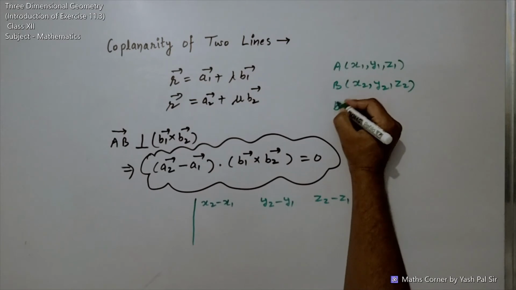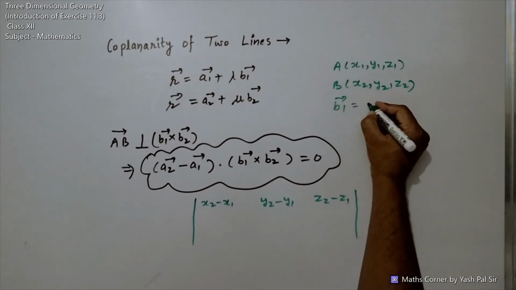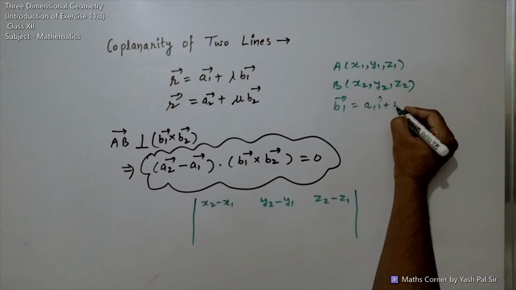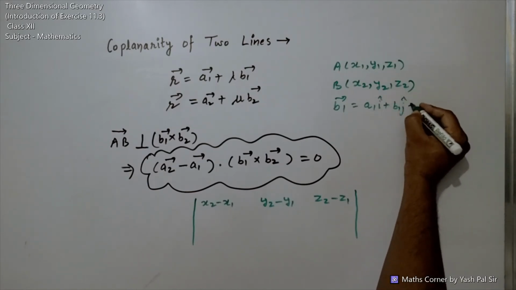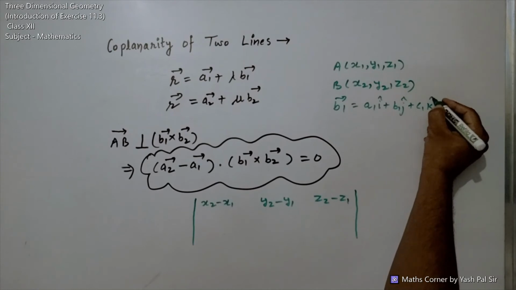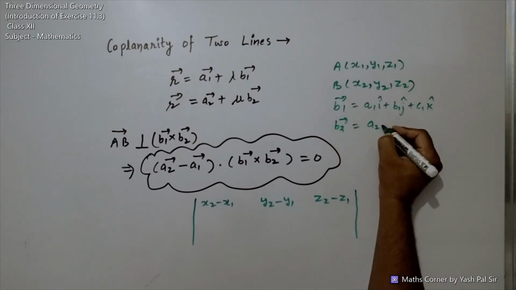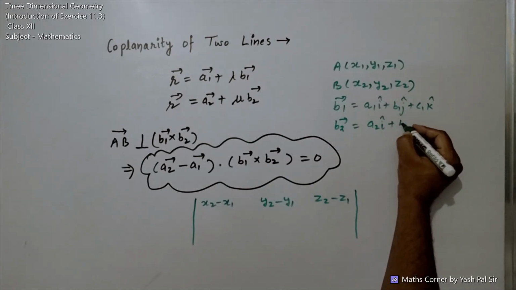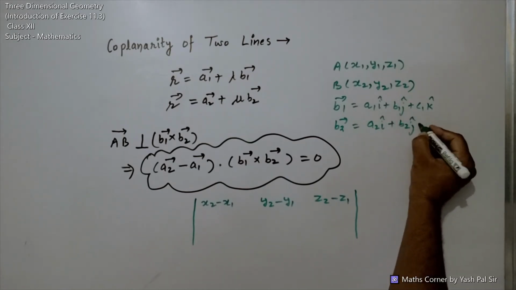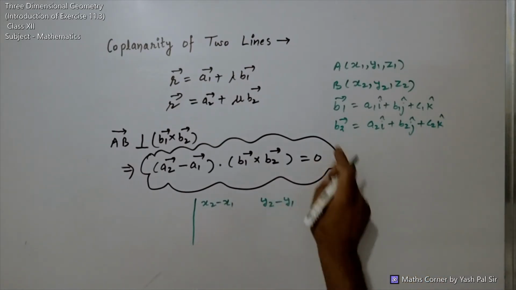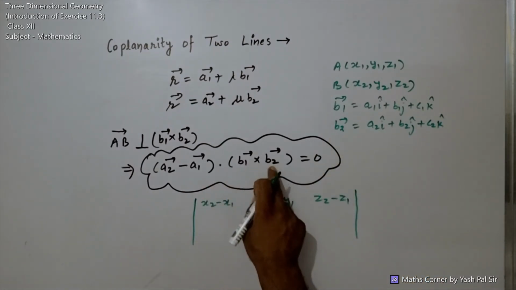Now what is vector b1? Suppose vector b1 is equal to a1i plus b1j plus c1k. Similarly, let vector b2 be equal to a2i plus b2j plus c2k.